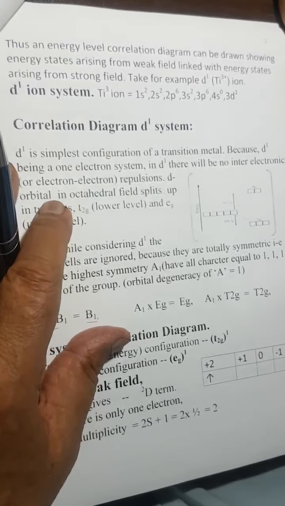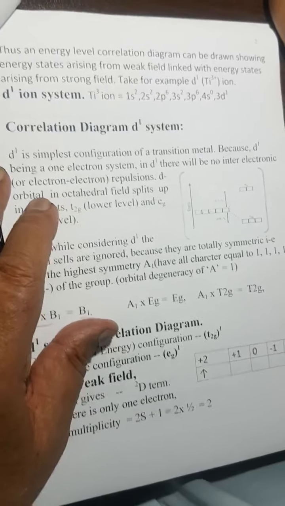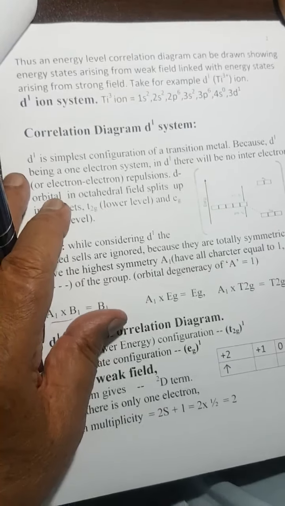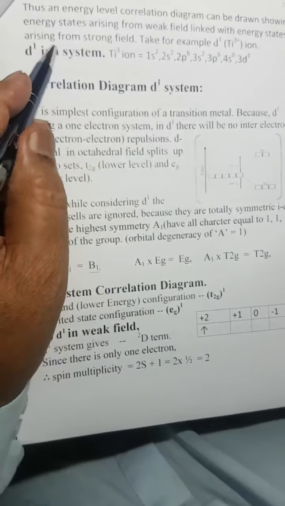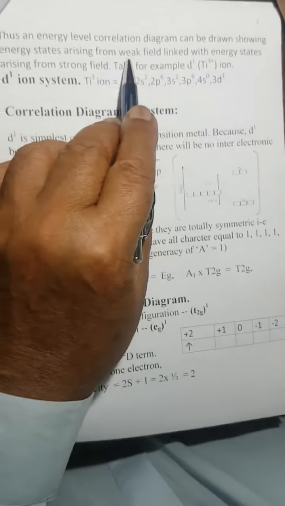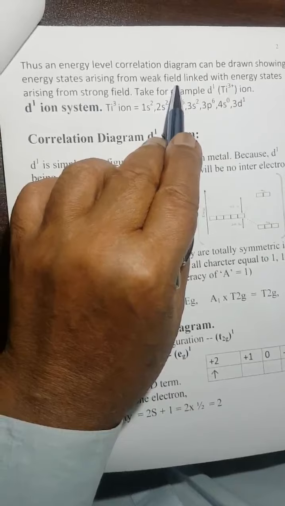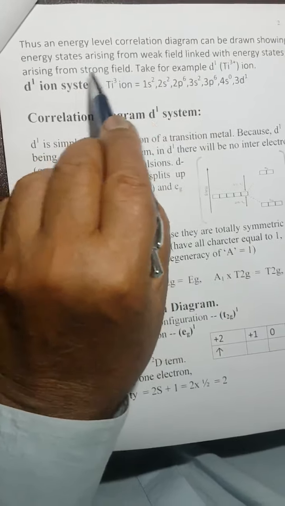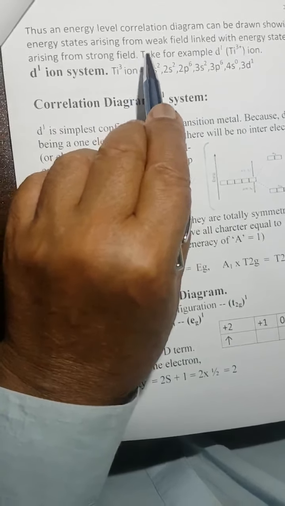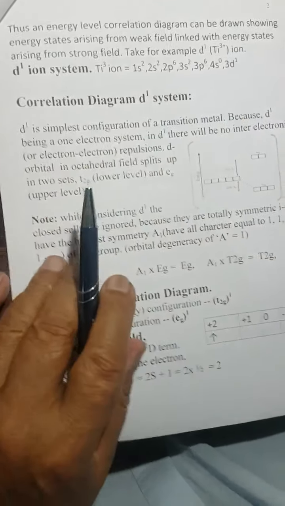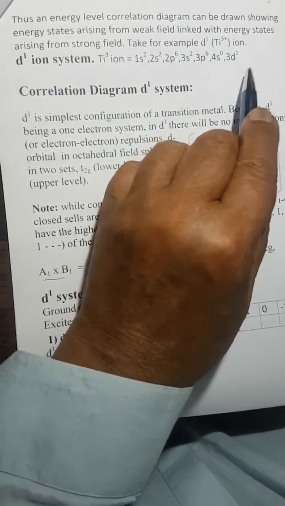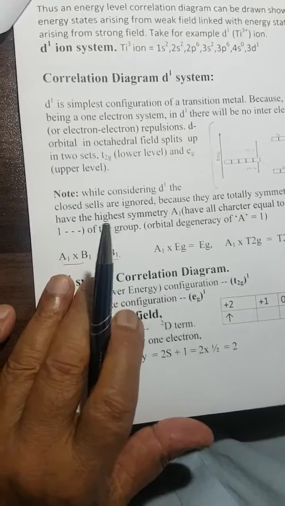Thus, I have written here, thus an energy level correlation diagram can be drawn showing energy states arising from weak field linked with energy states arising from strong field. Take example of D1. D1 system, I have put the configuration here.